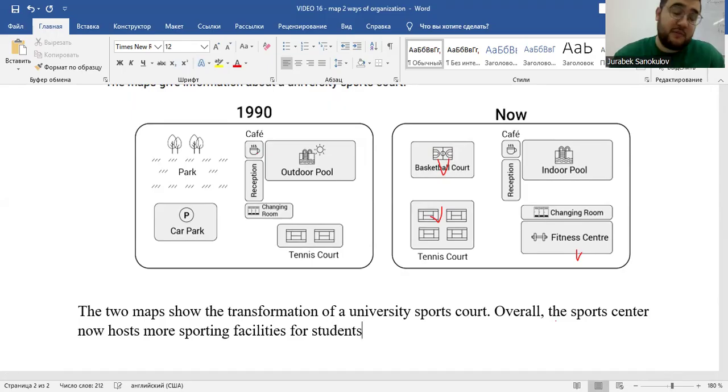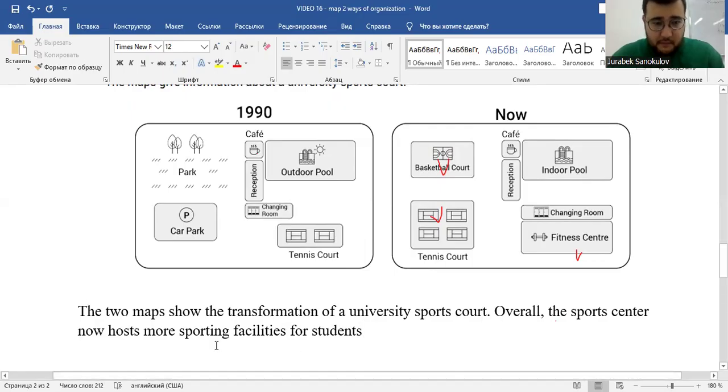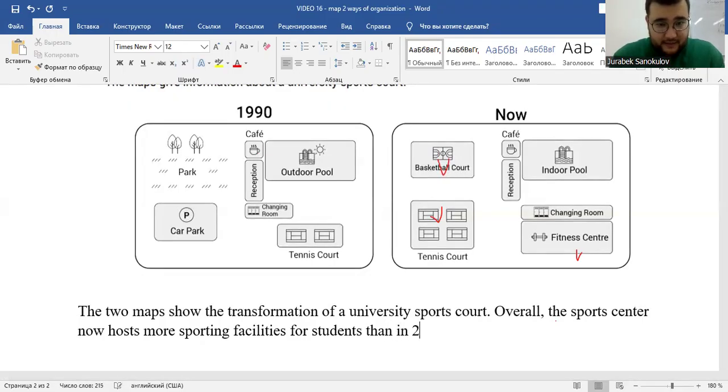I'm including students because it's about a university. The sports center now hosts more sporting facilities for students than in 1990.